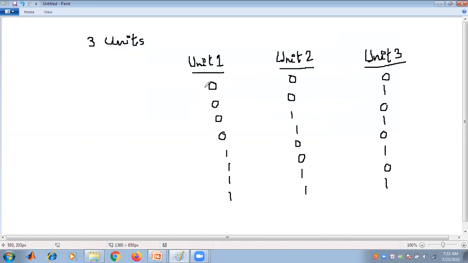We can easily omit the all-off condition because we concentrate on meeting the load demand, and we have already seen that we can meet the load demand either by a single unit individually or by a combination of units. With all the units off, it cannot meet any load demand, so we can easily omit that particular combination.